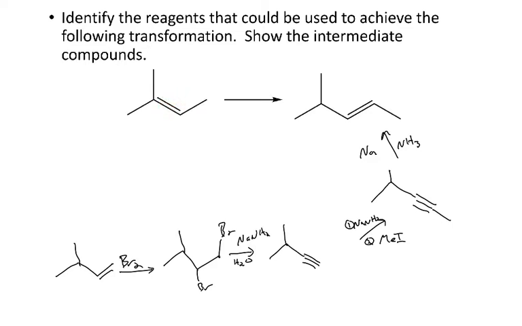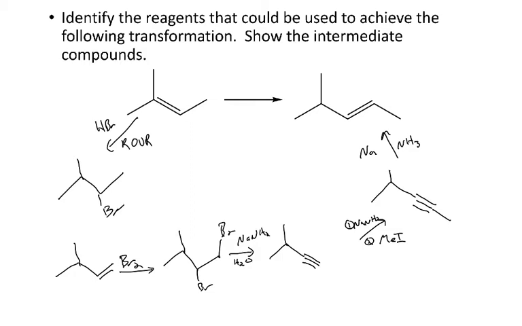And so I think there are a couple ways to do that. I think if I add HBr via anti-Markovnikov addition, so we do HBr in the presence of peroxides, then I'll get the anti-Markovnikov addition. And so the bromine will go there.